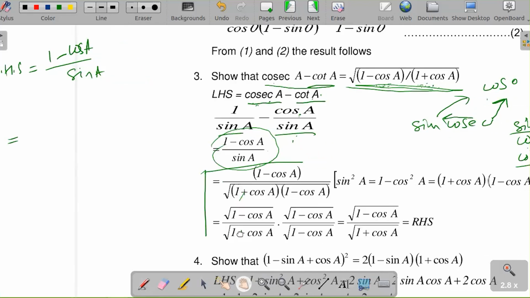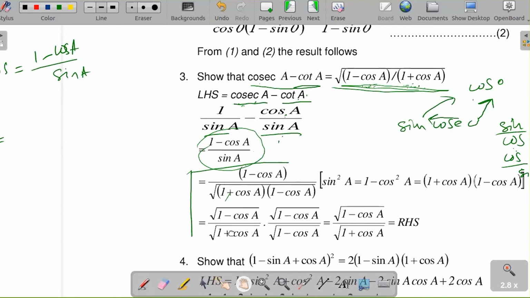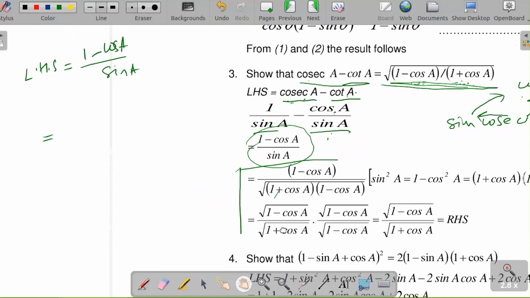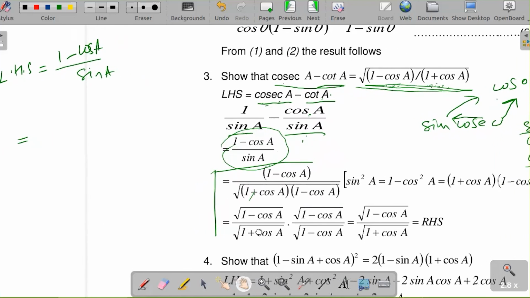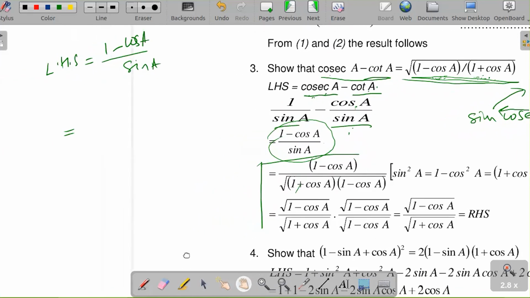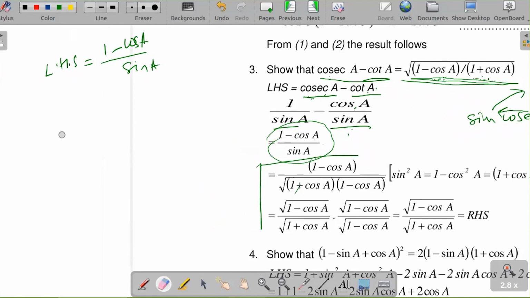I have to bring 1 minus cos A by 1 plus cos A. We will not do anything more here. We will solve RHS.